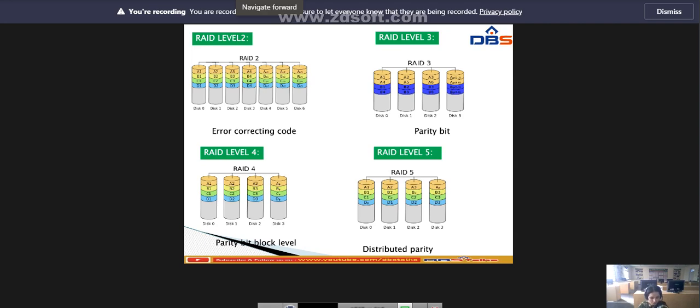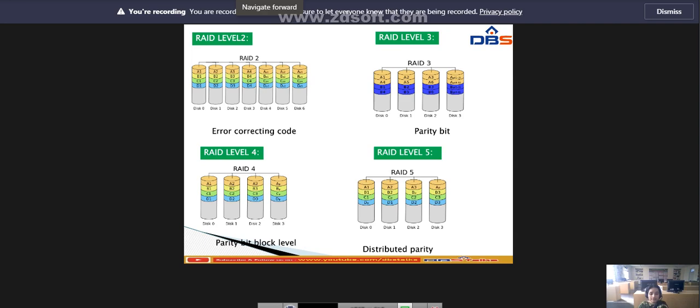Next, coming to RAID level 3. What is meant by RAID level 3? In RAID level 3, data is divided into byte units and written across multiple disk drives. Parity information is stored for each disk section and written to a dedicated parity drive.